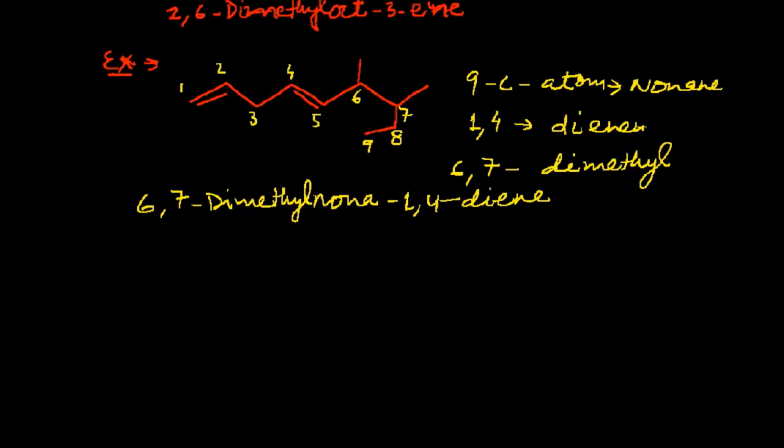Let us look at some cyclic compounds. For example, we can take this one. If the same thing is to be done for alkenes with this ring kind of structure, what would its name be? Since it has 6 carbons, it is cyclohexane, which would be the parent hydrocarbon, and since there is a double bond, we can call it cyclohexene.